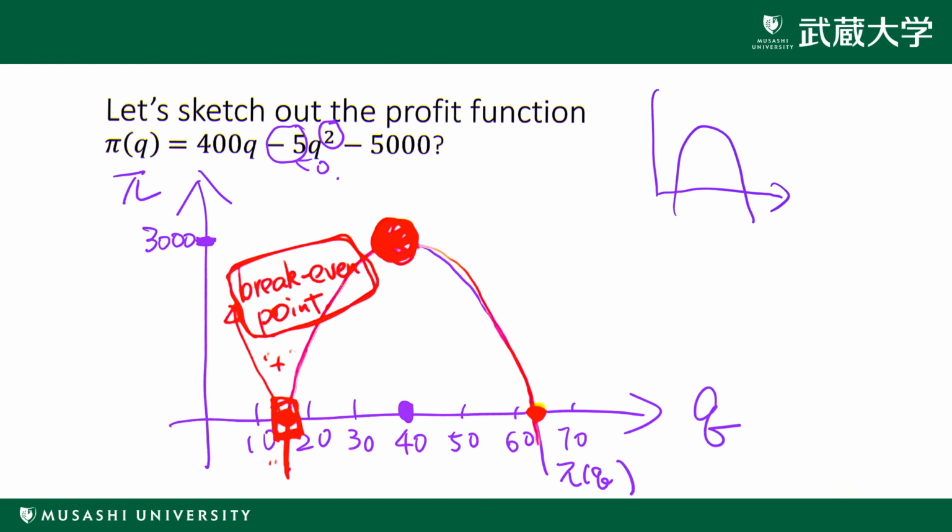If you are going to draw out this profit function, with profit on one axis and output on the other, how does it look? If you have a piece of paper, how do you draw this function?